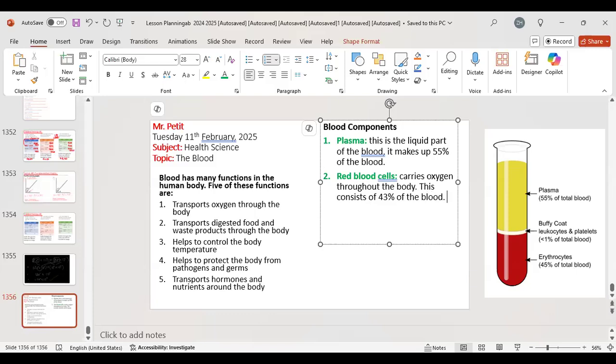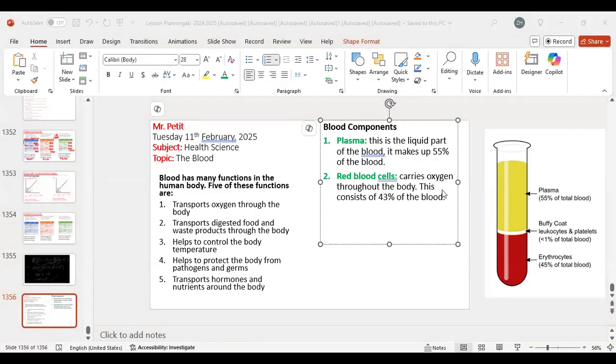So your blood is basically plasma and red blood cells. 55% of it is plasma, and then 45% or 43%, depending on who you ask, is red blood cells. So that's basically your blood.